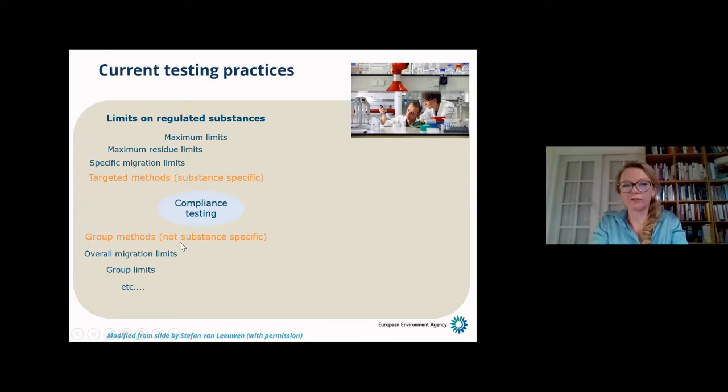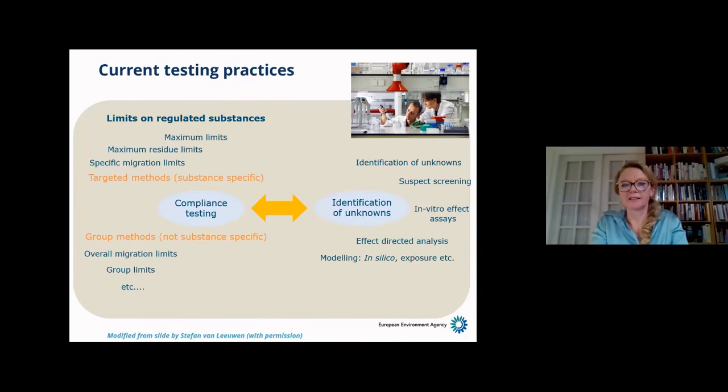And you have that in food contact materials, but also in a lot of industrial testing where you have groups of substances. But on the other hand, we know that there's a lot more. So you might go into some identification of unknowns. And again, here you would start by maybe a suspect screening with a high resolution mass spectrometry or something like that.